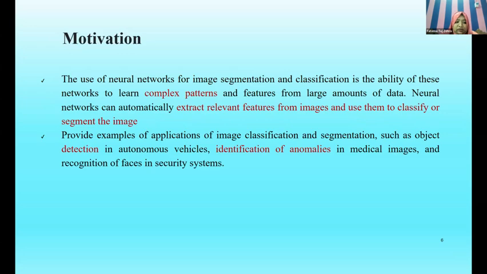So our motivation for using a neural network for image segmentation and classification is the ability of the network to learn complex pattern features from a large amount of data. Neural networks have the unique capability of automatically learning hierarchical representations of images.